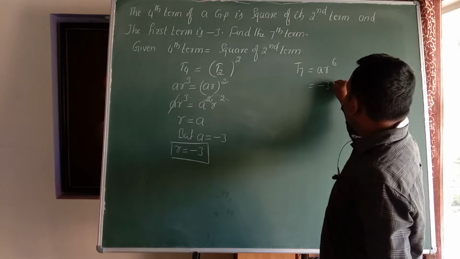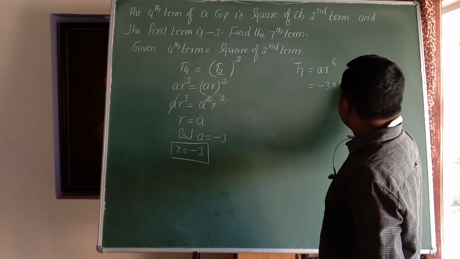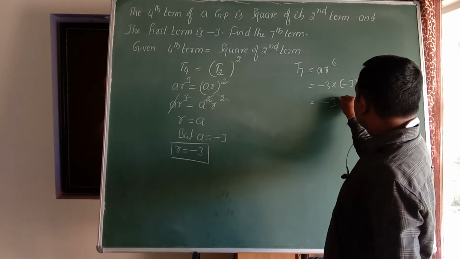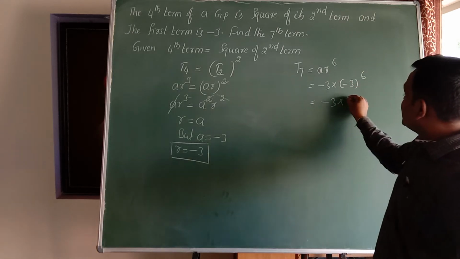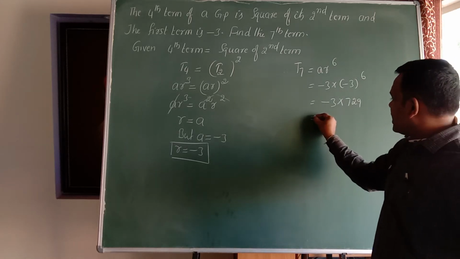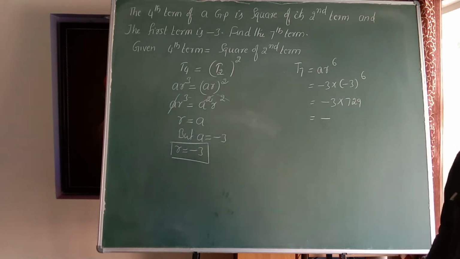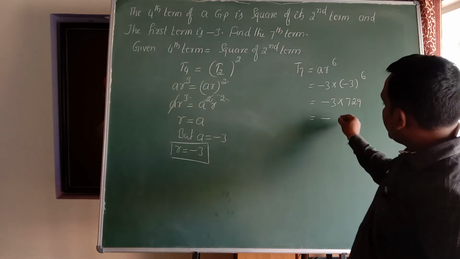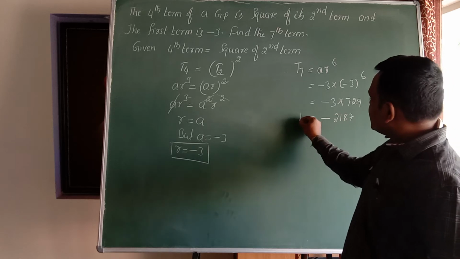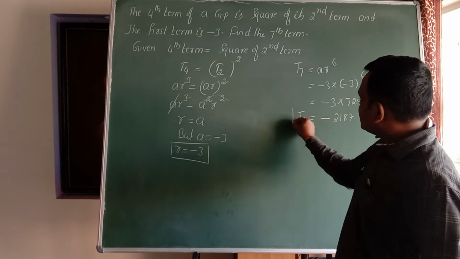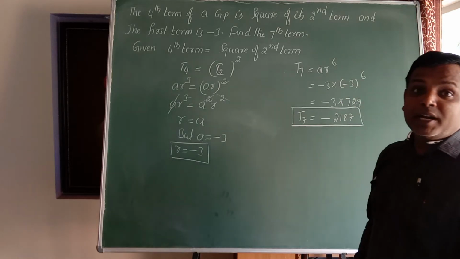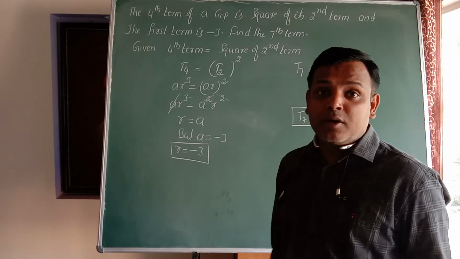Minus 3 into r, which is minus 3, whole power 6. That is equal to minus 3 into minus 3 power 6, which is nothing but 729. Got my point? So by multiplying minus 3 into 729, you will get minus 2187. This is the 7th term of this particular geometric progression.